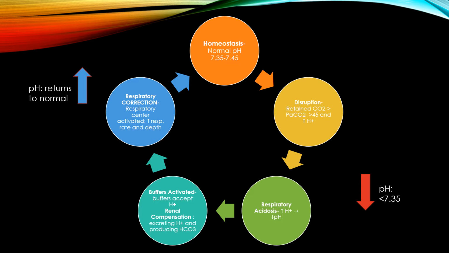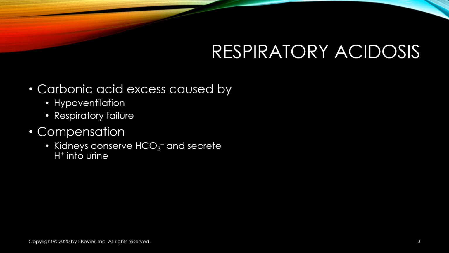So let's start looking at just respiratory acidosis altogether and really understand again what's going on. Hopefully that circle helped you, but we'll hit it this way as well. Respiratory acidosis is caused when we have an excess of dissolved carbon dioxide that forms carbonic acid, because remember, carbon dioxide, when it's dissolved in water, forms carbonic acid.